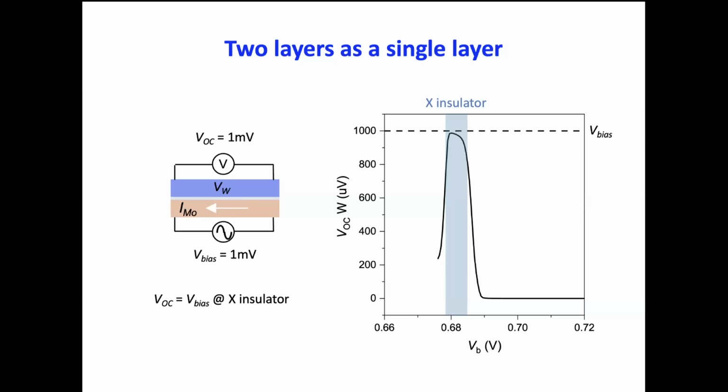And what we measure, interestingly, is that in this excitonic insulator region, the hole layer voltage is also almost the same, 1 millivolt. So the two layers really behave like they are totally locked as a single layer whenever you hit this excitonic insulator region, and outside it just quickly drops to 0 when the two layers become decoupled from each other.